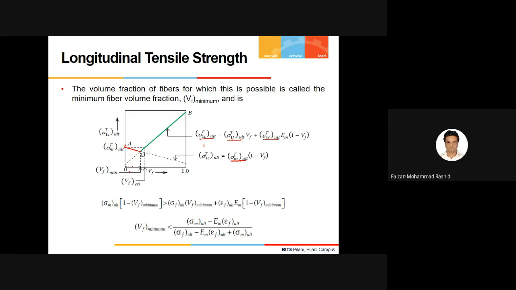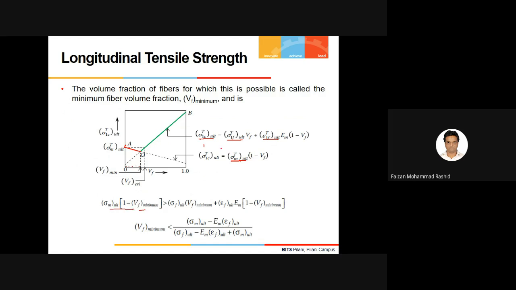Okay. Now one more thing. There are two things. We need to calculate the minimum volume fraction of fiber that should be there in a composite material, which ensures that the strength of my composite material is greater than the strength of my matrix, and that tells from this point. You should see here, this inequality will hold.